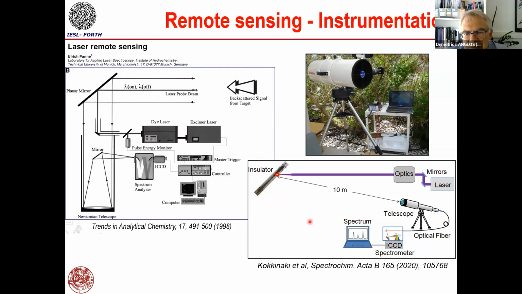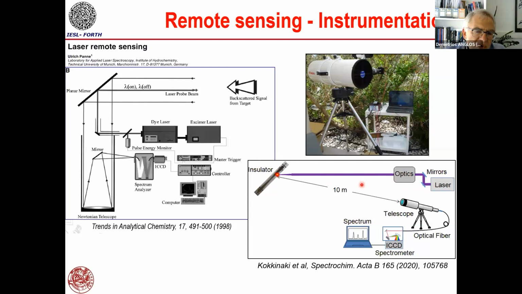A slightly modified version of what I just showed you is the one on the right-hand side of the slide. This is something that we have done in our lab, and it's not a collinear version, meaning that we don't have the laser beam and the backscattered light along the same way.